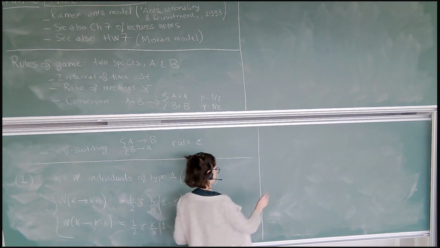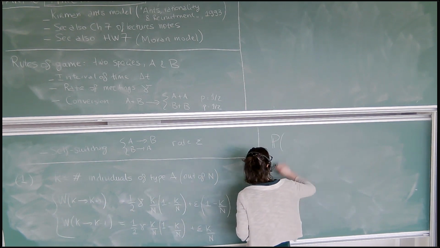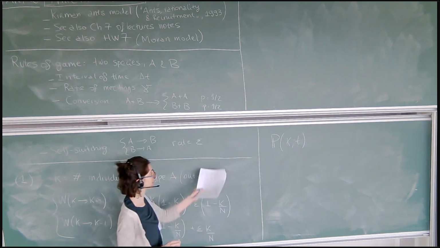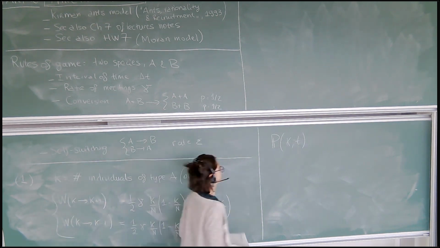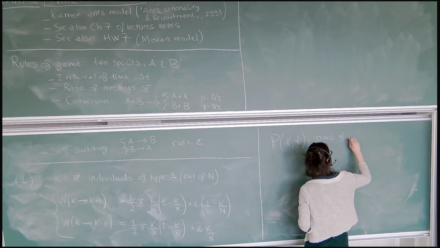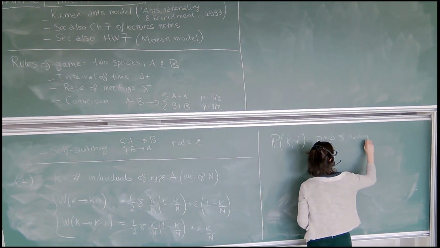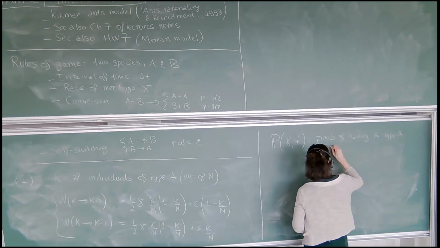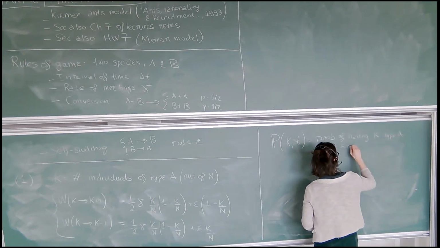So let me call it P of k at time t. So this is the probability, of course, of having k individuals of type A at time t.